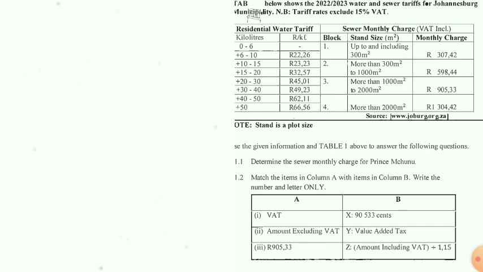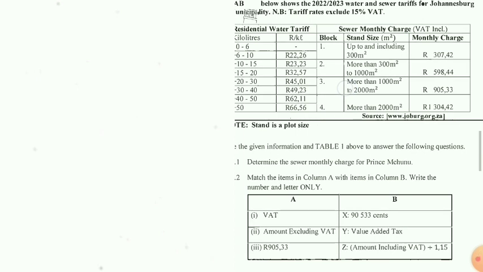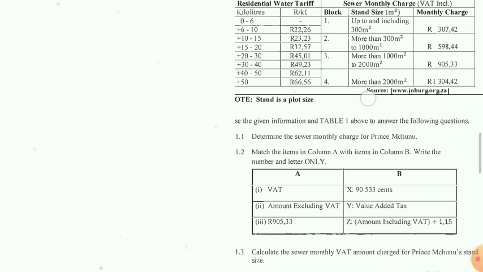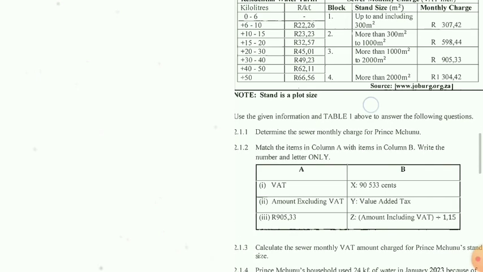So I will assume that you're done trying by yourself. Prince Mkunu's household used 24 kiloliters. I need you guys to write 24 on your scrapbook or on your paper. 24 kiloliters of water in January 2023 because of the wedding celebration. That's not important.